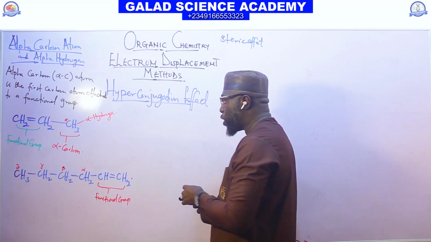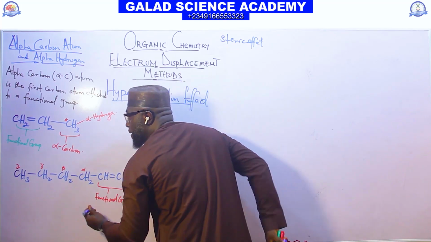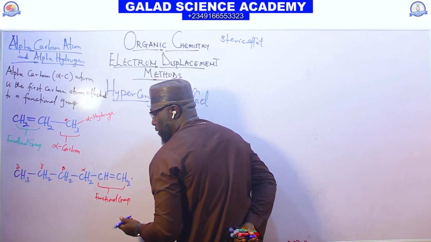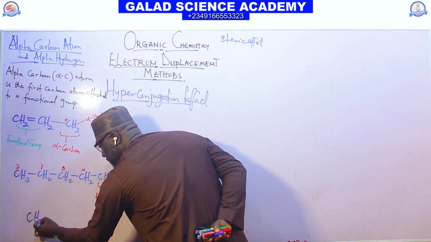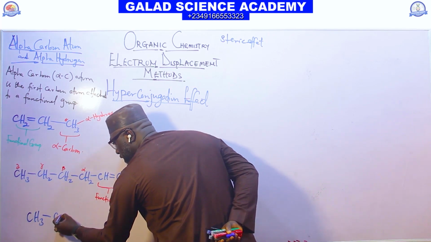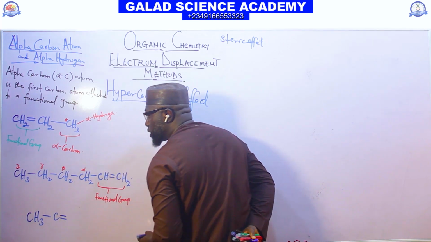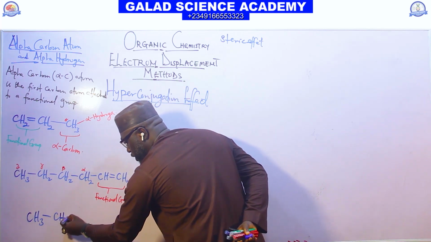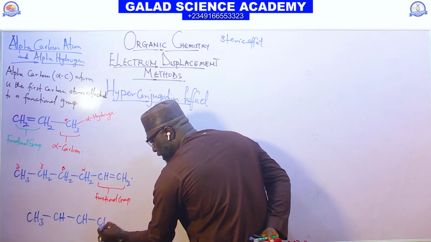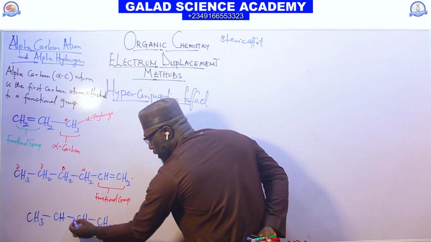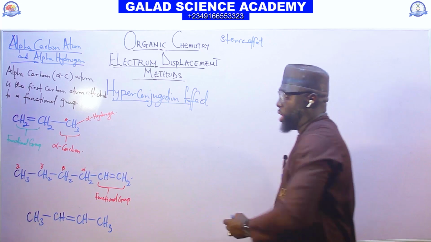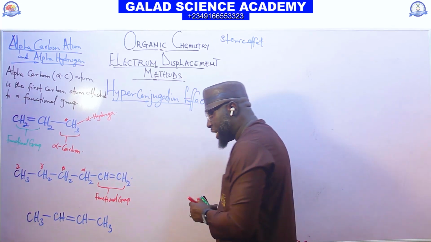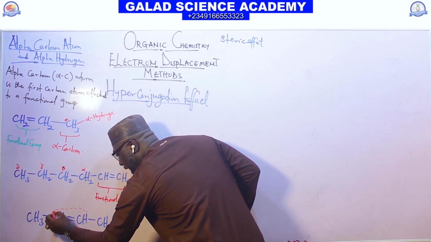Let me add more examples. Okay, we have CH3, CH double bond CH, CH3. Here we have a double bond there. Look at this compound. The first thing we need to locate is our functional group.